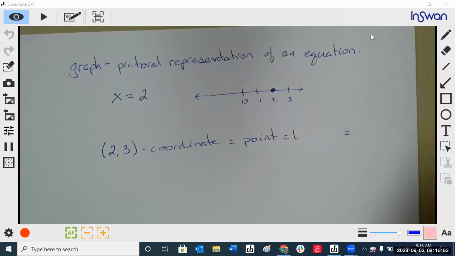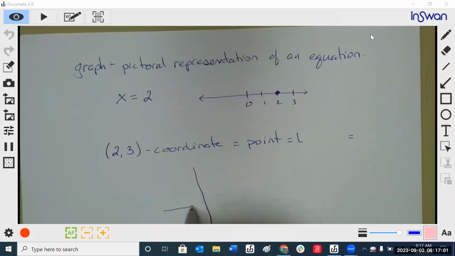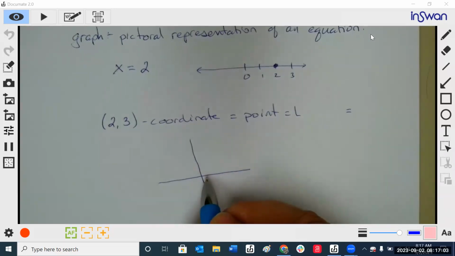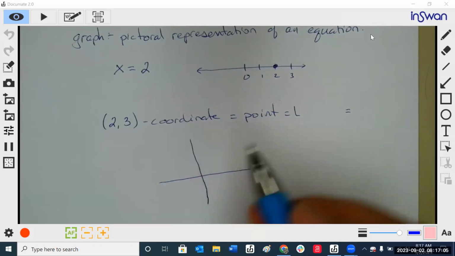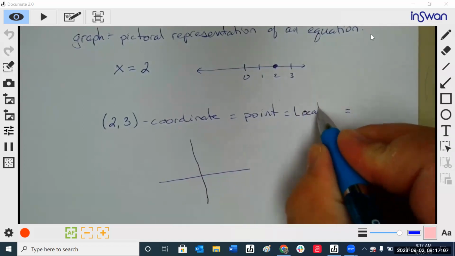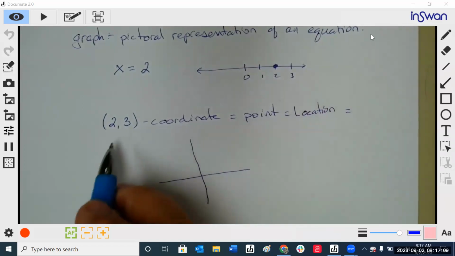Starts with an L. Location, very good. Because what's the location of this point?